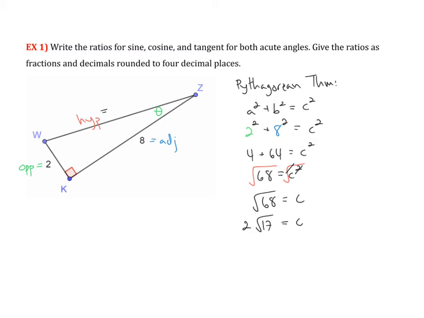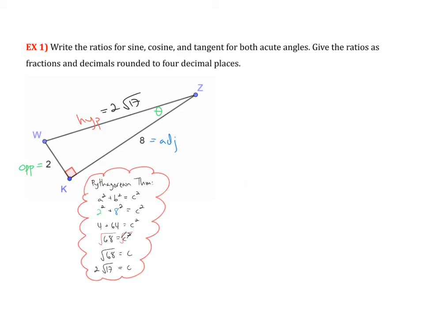So that's what our hypotenuse is. I'm going to leave what we did with the Pythagorean theorem a little bit smaller over here on the side. Just rewind the video if you need to see this a little bit bigger.